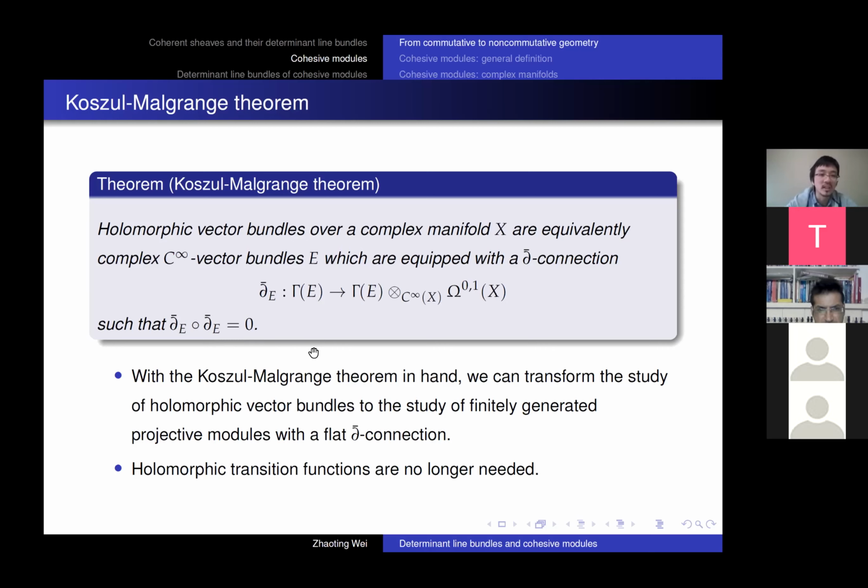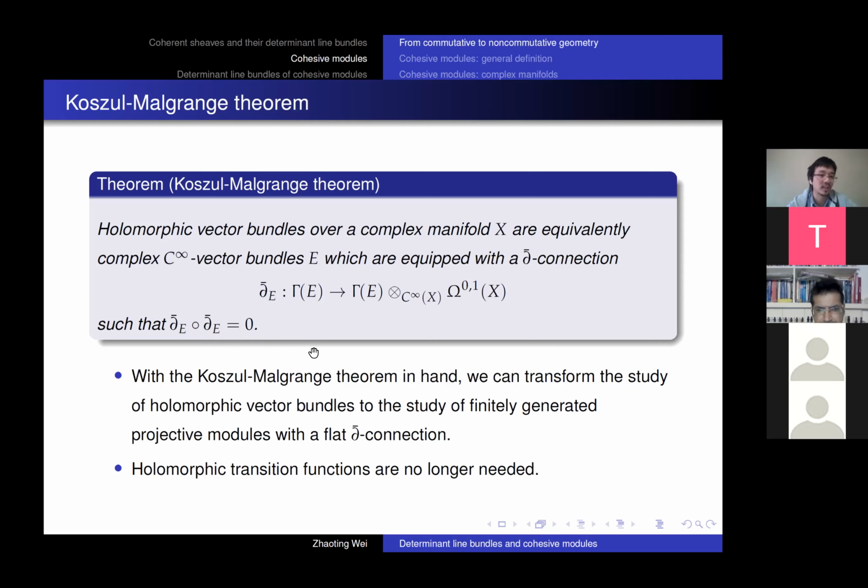With this, together with the Serre-Swan theorem, we will be able to study holomorphic vector bundles over a complex manifold globally using modules together with a flat d-bar connection.